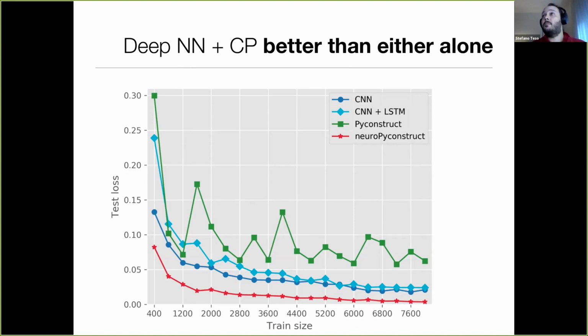And finally, the original method by construct that has a similar architecture but does not use a neural network. And the results: this plot shows the test loss as training size increases for the four alternatives, and this shows that our approach is clearly below the red line, is clearly performing much better than the others.